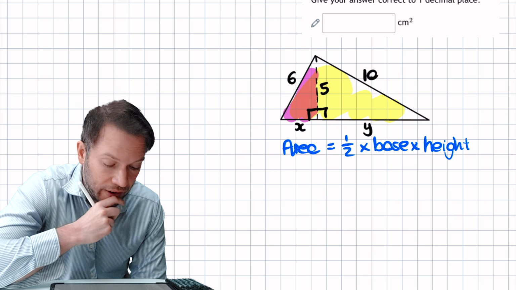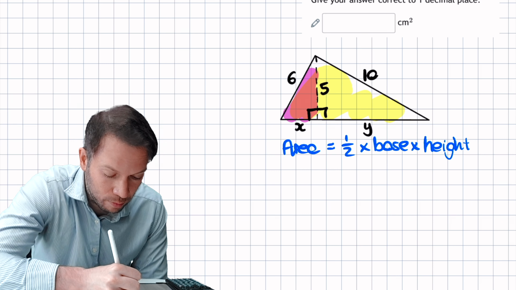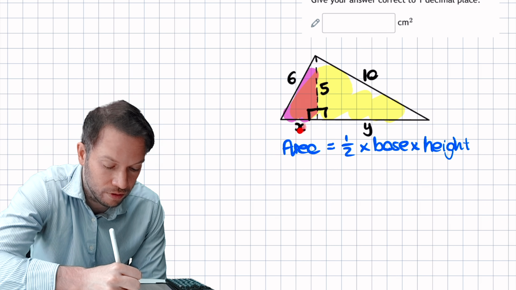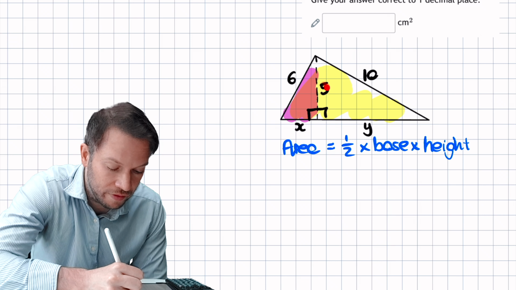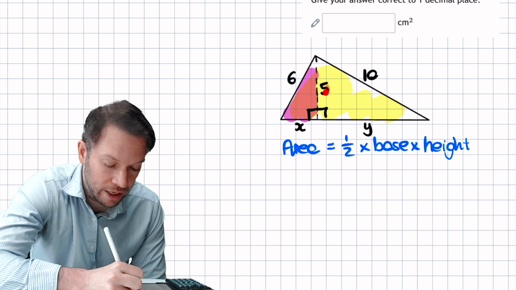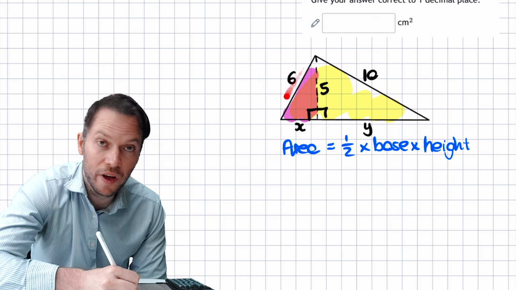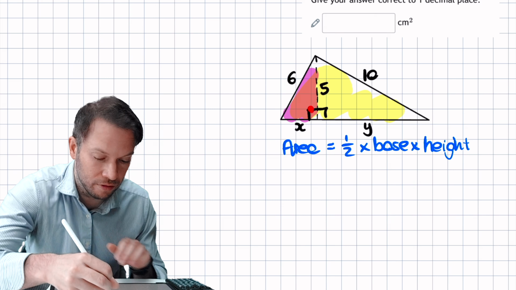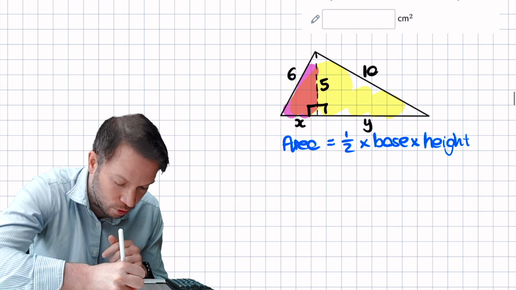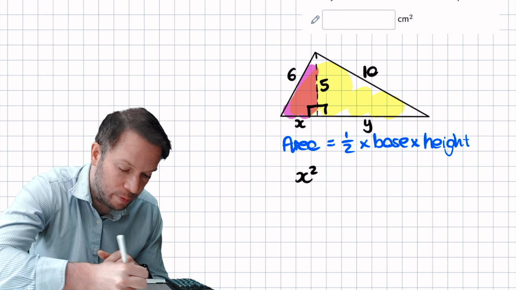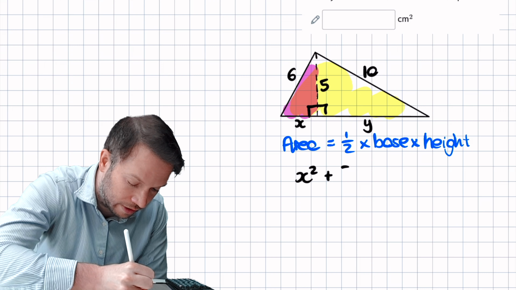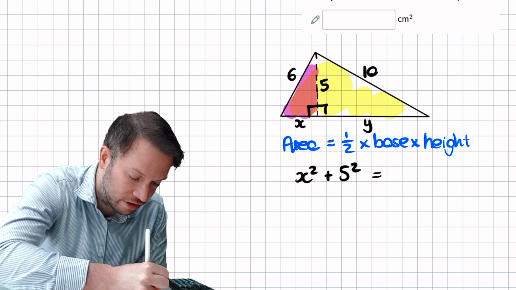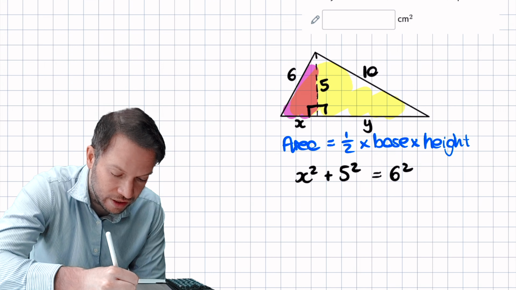Now let's use Pythagoras. If you have one of the shorter lengths squared of the triangle and then add the square of the other shorter length of the right angle triangle, that is equal to the length of the hypotenuse squared. Remember, the hypotenuse is the longest side opposite the right angle. So let's do that. If we do one of the shorter lengths squared, and then we add the other shorter length squared, so 5 squared, that's equal to the hypotenuse squared, the longest side squared, which is here.